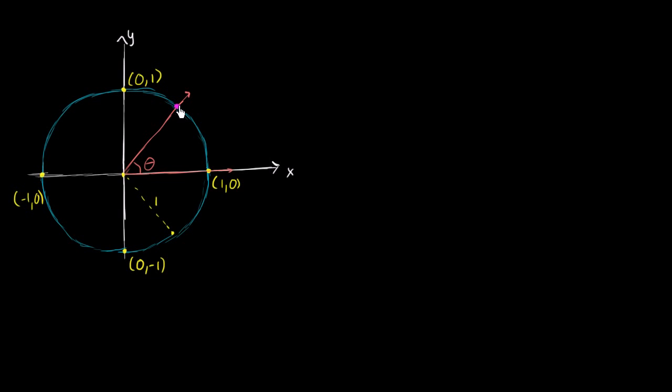So for example, the x-coordinate of this point, this value right over here, we would call cosine of theta.